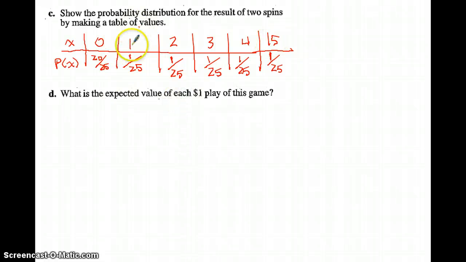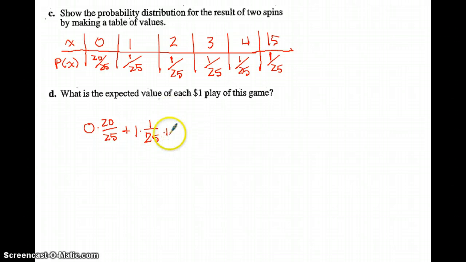What's the expected value? Well, of course, if you're walking up to the game, you're thinking, oh man, I'm going to win that 15 bucks. But we're about to find out life isn't always that lucky. 1 out of 25 chance you're going to win $1, so that adds up to the average that way.